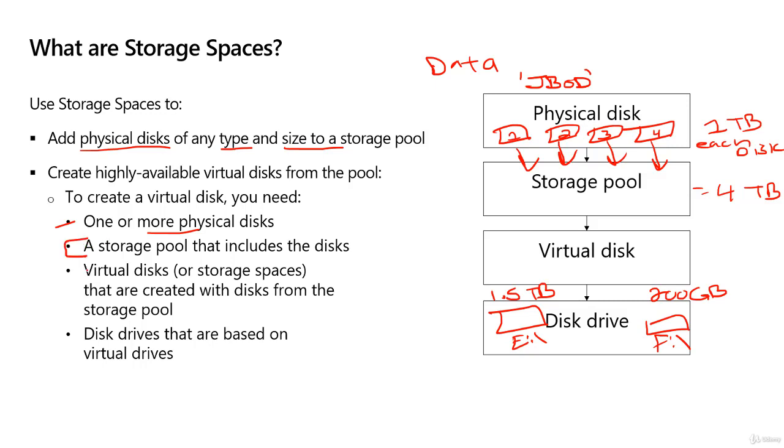All those get saved to your storage pool, as we said, and virtual disks are created with disks from that storage pool. So that's our virtual disk there. It's going to be like a virtual hard drive. And then we just create disk drives. That's it. This is what we just described in our picture here.